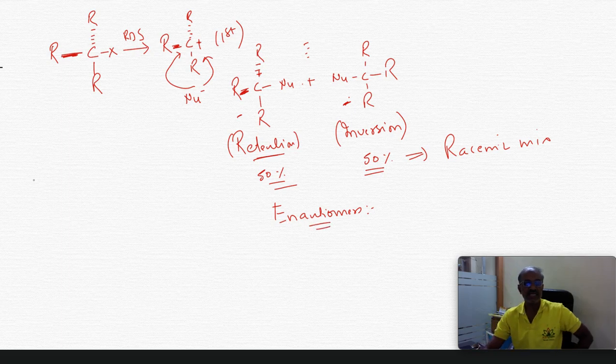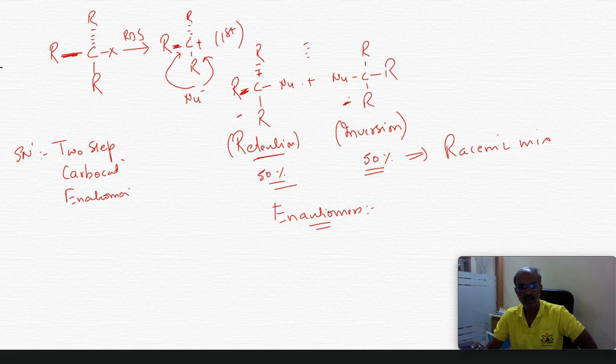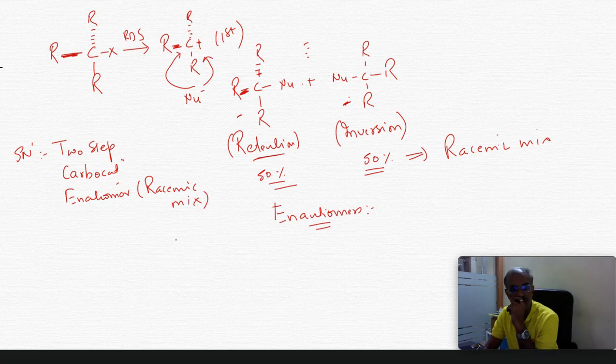So I can say the SN1 reaction is a two-step reaction first of all. Then it is via formation of a carbocation. Then there is enantiomer formation, that is a racemic mixture. Racemic mixture means 50-50. Because a 50-50 mixture forms, a racemic mixture is formed, right?